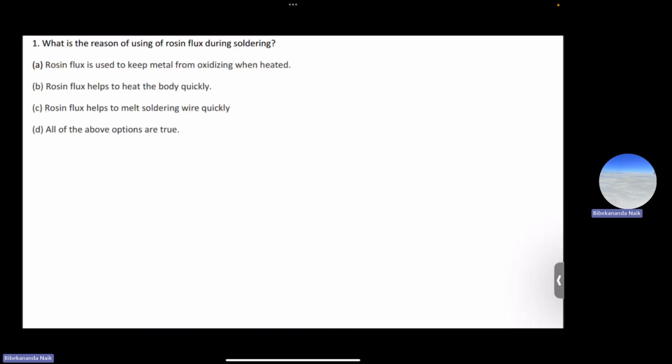So this is problem number one. Problem number one says, what is the reason of using rosin flux during soldering? We know when we solder that we want to connect two metal connections for electrical equipment and all, we often do soldering, and during the process of soldering we use rosin flux.